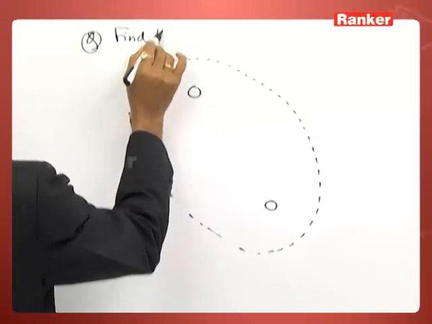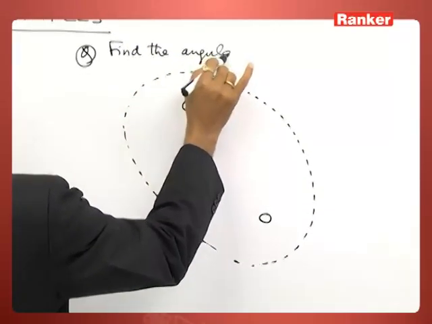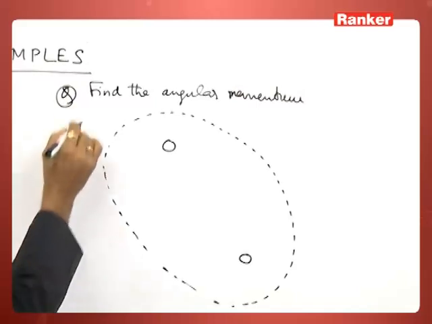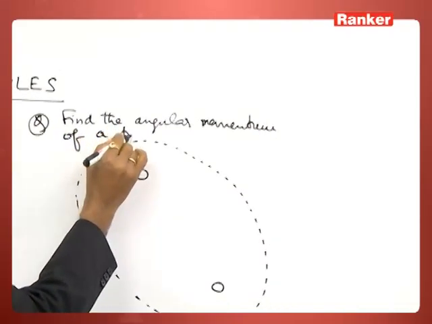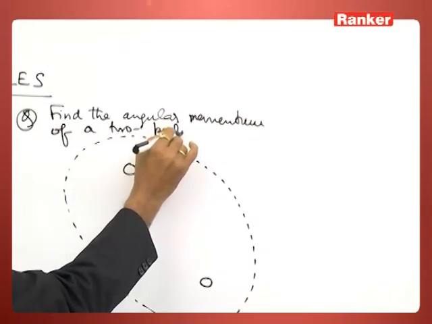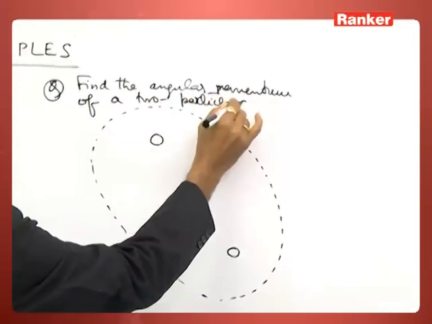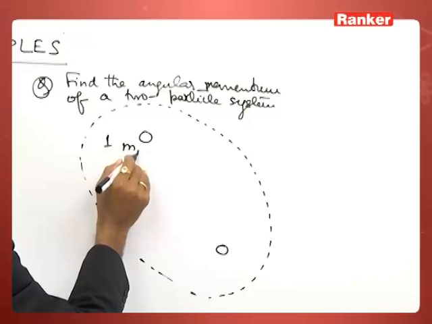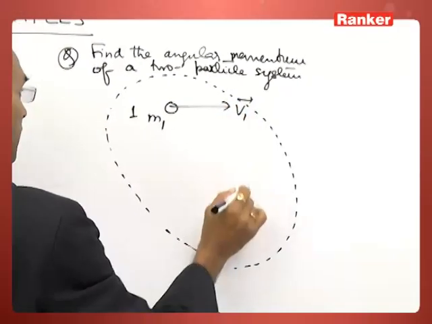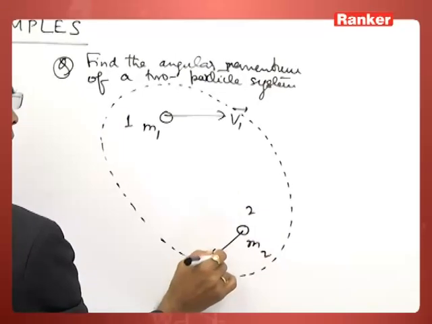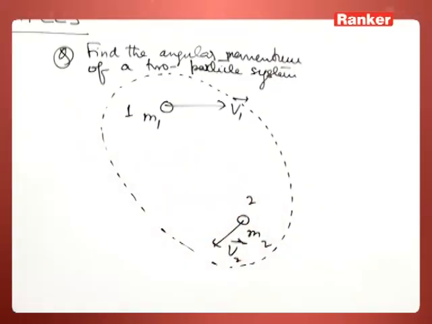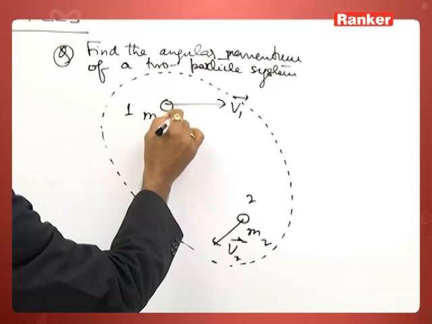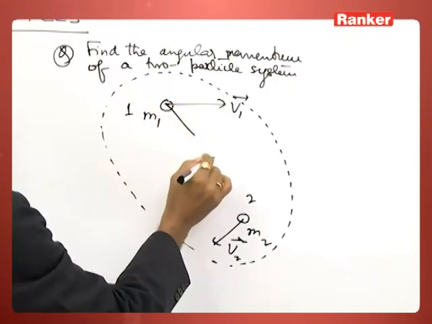Find the angular momentum of a two particle system, if particle 1 having mass m1 moves with velocity v1 and particle 2 having mass m2 moves with velocity v2 with respect to the ground respectively, and the distance between these two particles let be r.